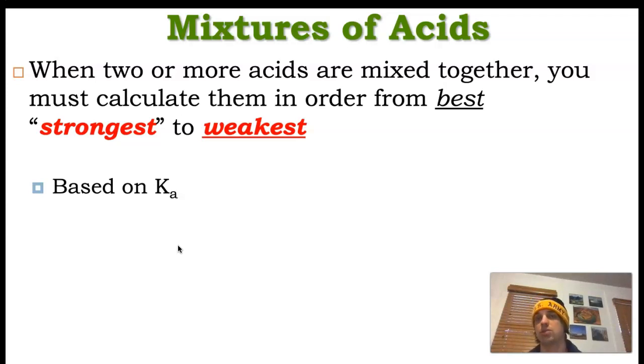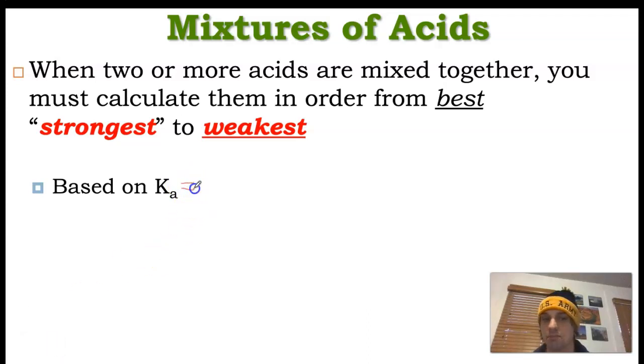So if I mix two strong acids together, I can get the concentration by simply looking at the concentration of each of my acids. But if I have weak acids where the K really matters, I can focus on who is the strongest first, because typically the strongest acid is going to make the most impact in my solution.